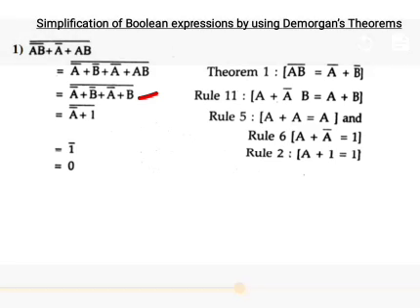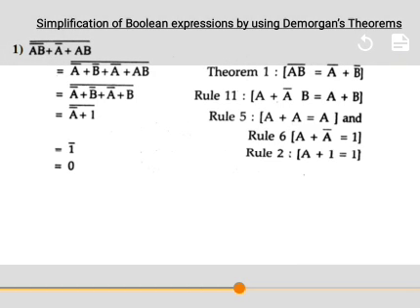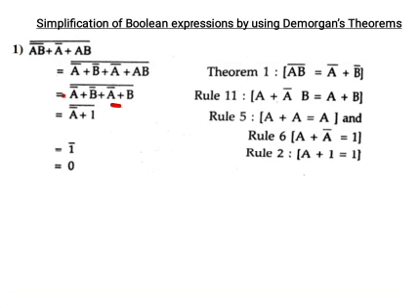Next, A' plus B' plus A' plus B'. That means A plus A'B equals A plus B. Next, A' plus A' plus 1 whole complement, because A plus A equals A. So, A' plus A' equals A'. So, (A' plus 1)' equals (A plus A' plus 1)'.